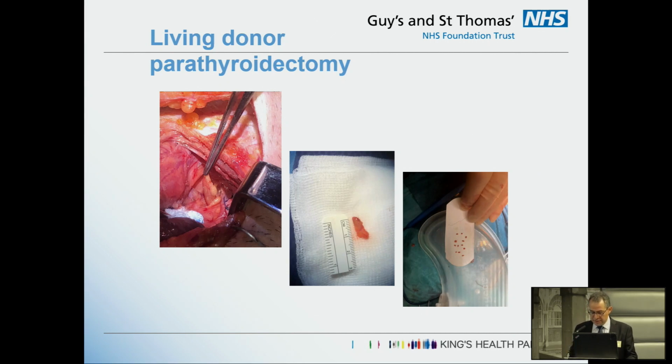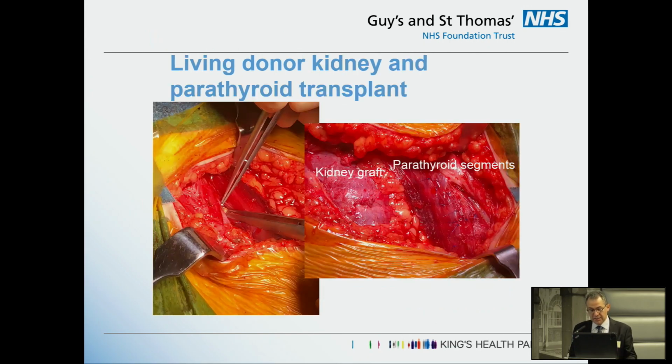And the way you do this is by dividing the gland into 11 pieces, and then going across to Evelina Hospital, where you can just put it into the rectus muscle that's already exposed from your transplant. And you can see that here being implanted into the muscle. And the muscle is well vascularized, so you hope for the blood supply to grow into the parathyroid glands.